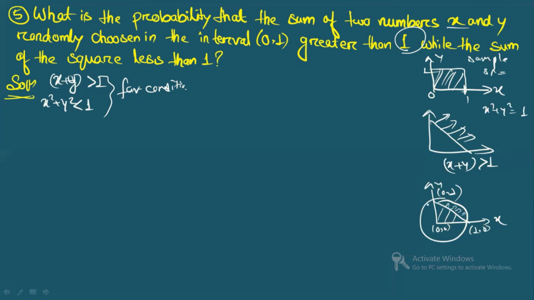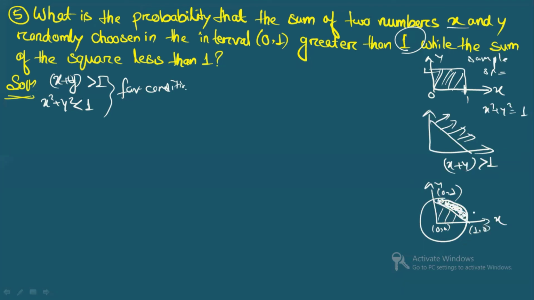And this is x square plus y square less than 1. So you have to choose the region which satisfies both conditions, meaning x plus y is greater than 1 and x square plus y square is less than 1. So this is the region, right?